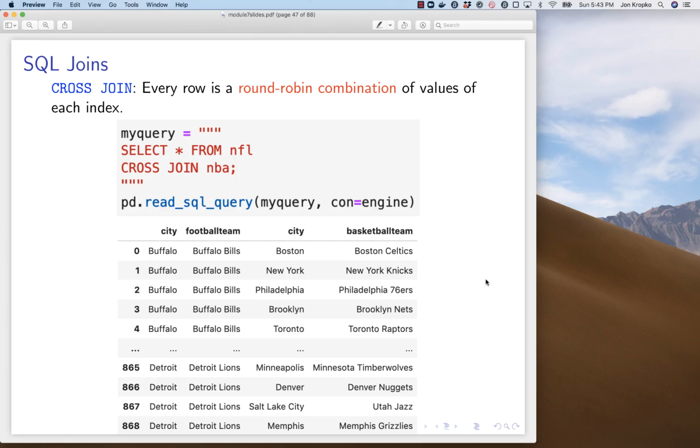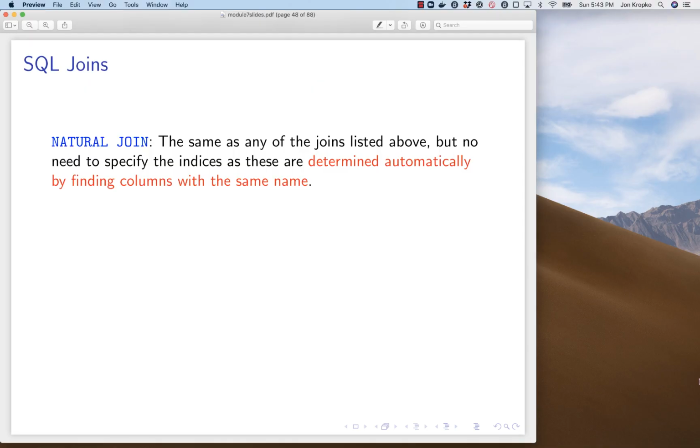It explodes the number of rows because if we have a certain number of rows from NFL and a certain number of rows from NBA, we're going to have those two numbers multiplied together as the number of rows from the cross join. And then it's worth a minute to talk about natural joins. Natural joins are the same as any of the joins that we've just talked about, but there's no need to specify the indices, as these are determined automatically by finding columns with the same name.